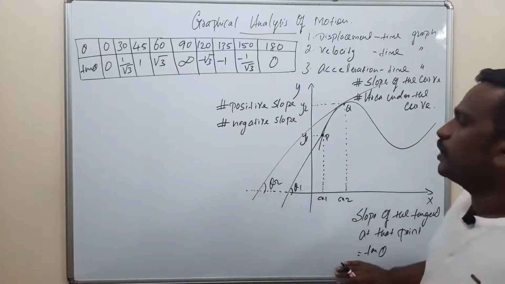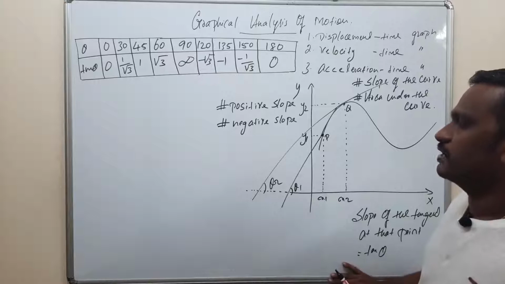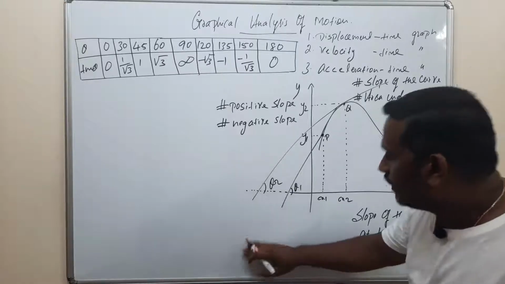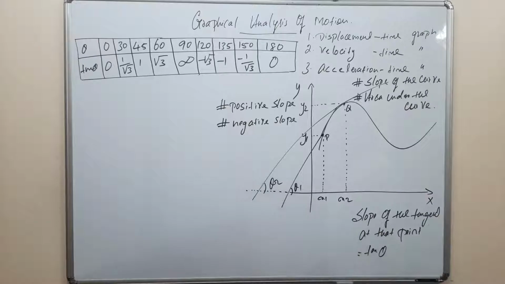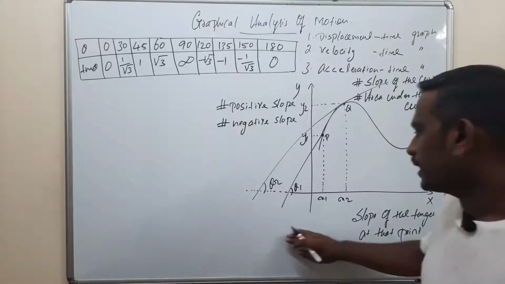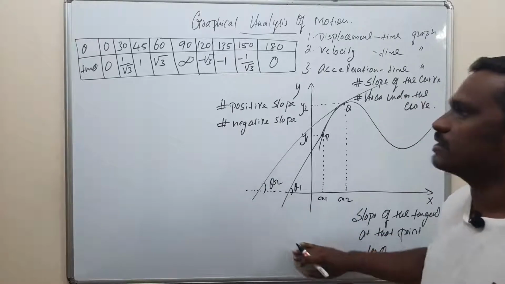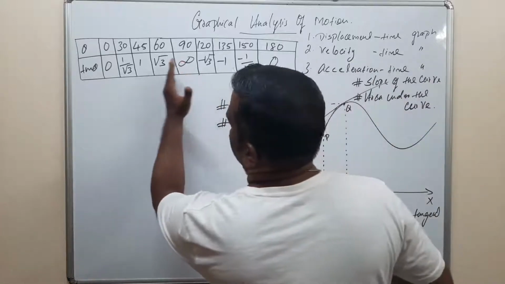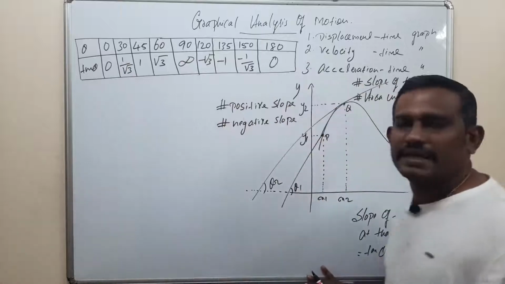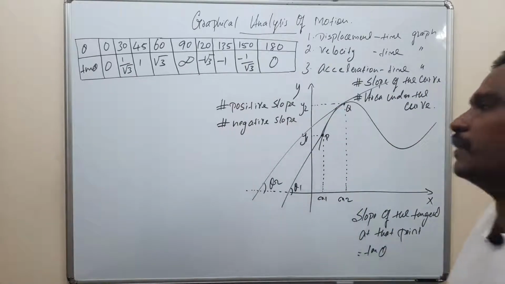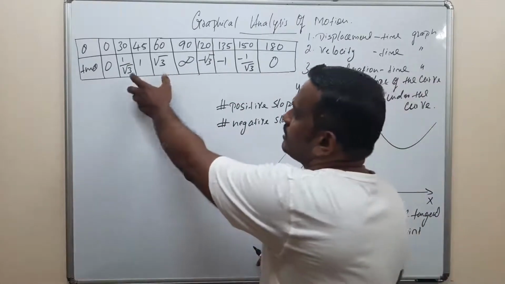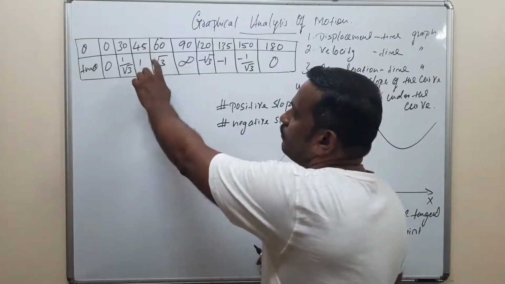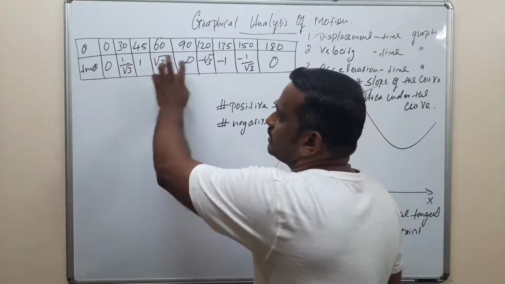So what is positive slope and what is negative slope? If the angle made by the tangent with the horizontal x-axis is less than 90 degrees, it is a positive slope. Looking at the standard angle values less than 90 degrees, they are all positive values.